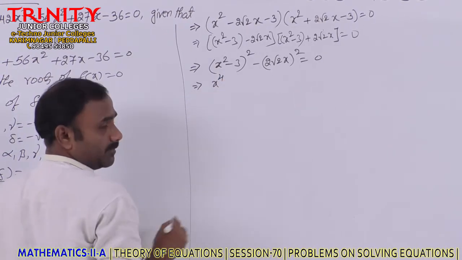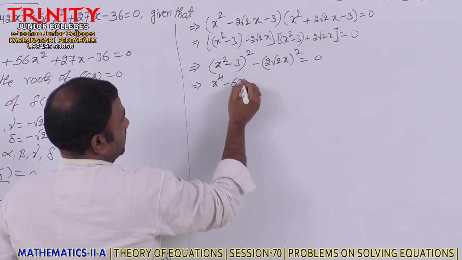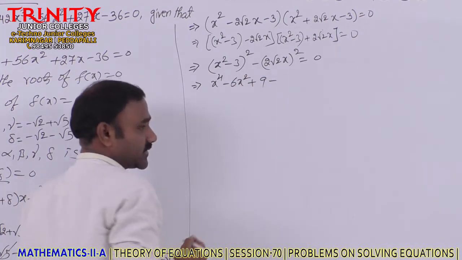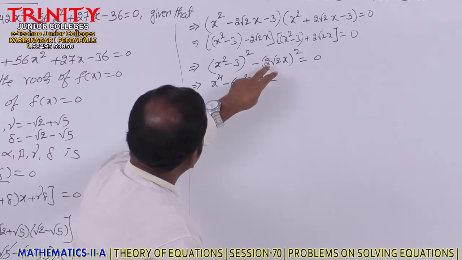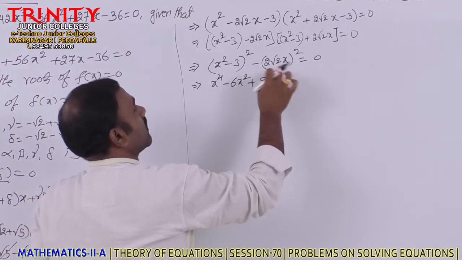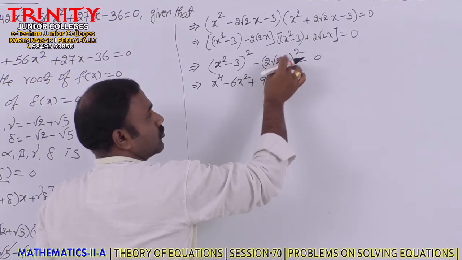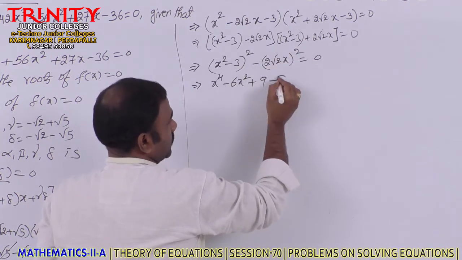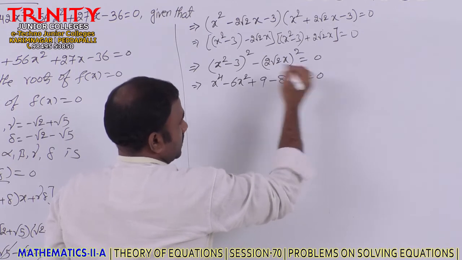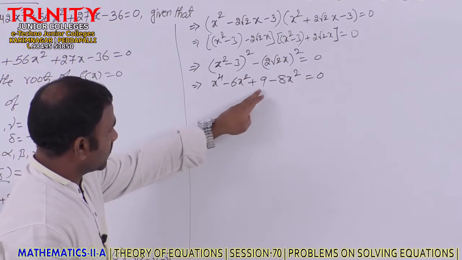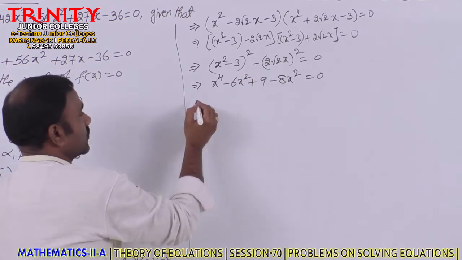x power 4 minus 6x square plus 9 minus, this is what? 2 square is 4, root 2 whole square is 2, 4 2s are 8, x square is equal to 0. x power 4 minus 6x square plus 9 minus 8x square equal to 0.